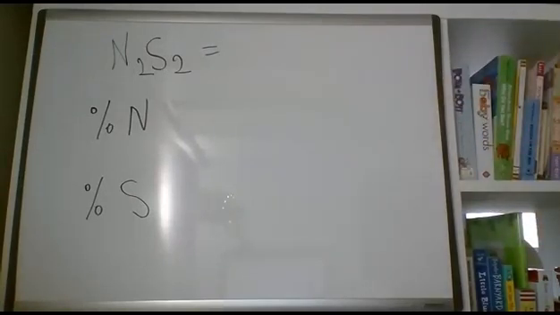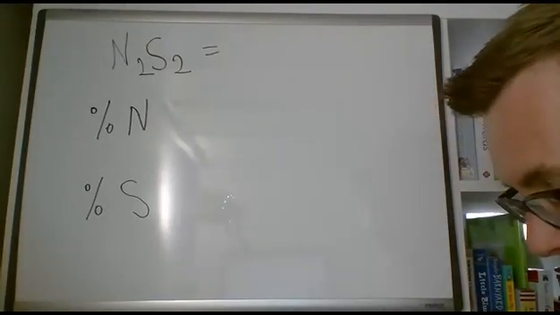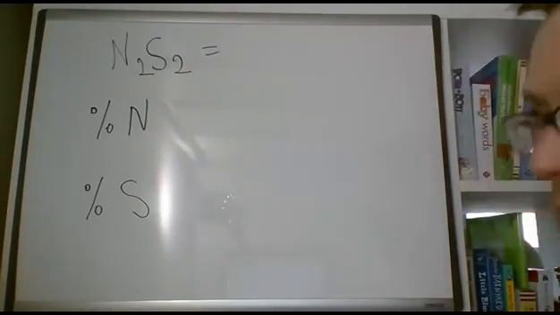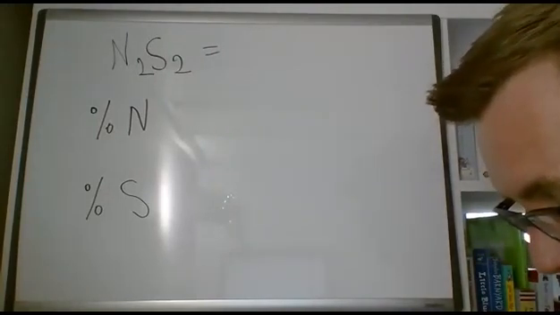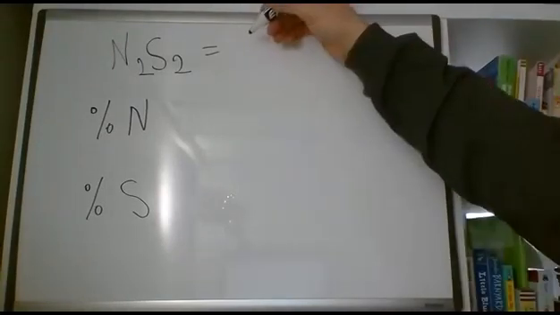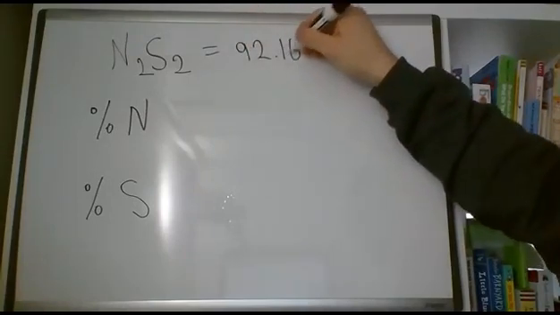So sulfur has a mass of 32.07. So 2 of those is 64.14. Nitrogen has a mass of 14.01. 2 of those is 28.02. So if we add those together, the total mass of this thing should be 92.16.